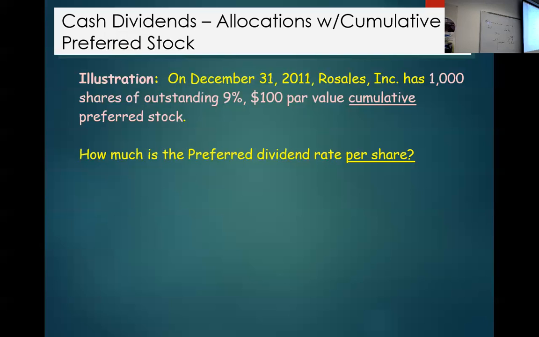Next year, 2012, we don't have 6, we have a whole 60,000 dollars. What's the percentage for preferred? Right, and the rest goes, if there is any left.